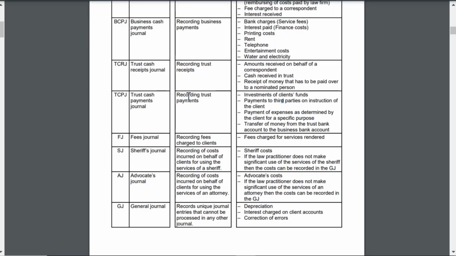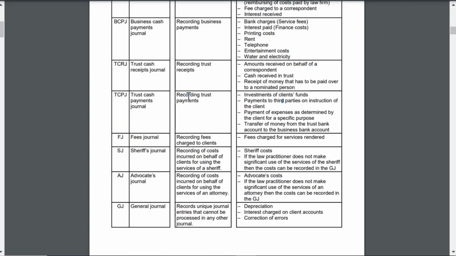When I have performed the work on behalf of my client, then I will issue an invoice, and I will record that invoice in the fees journal. I will record the fees.